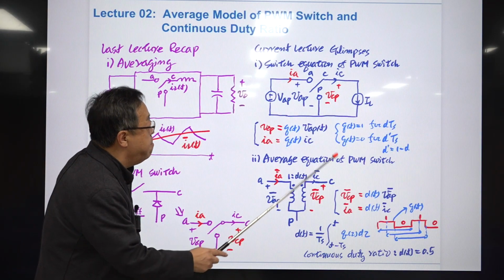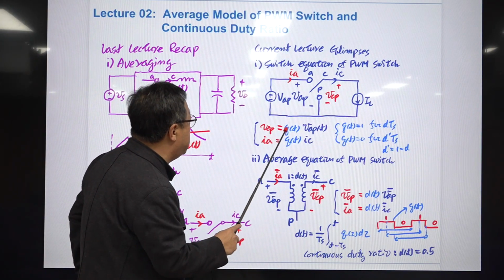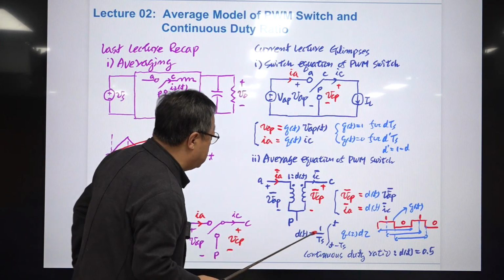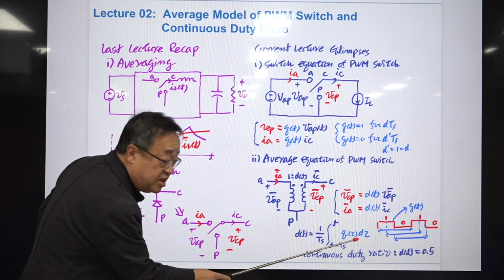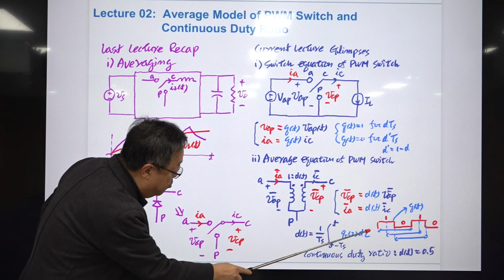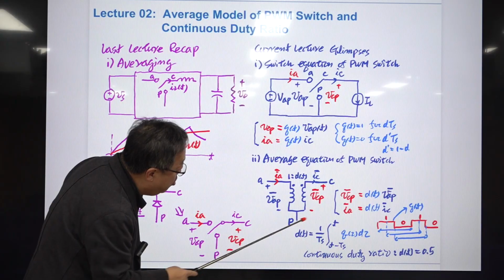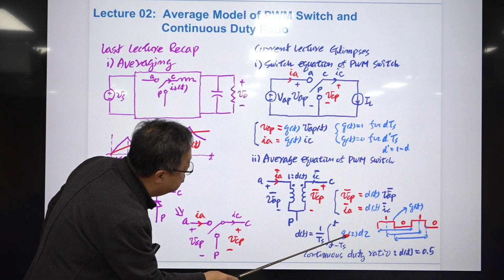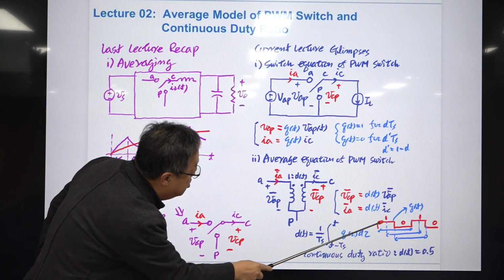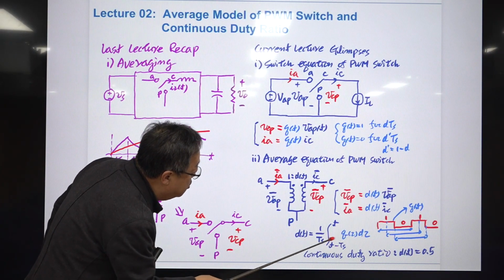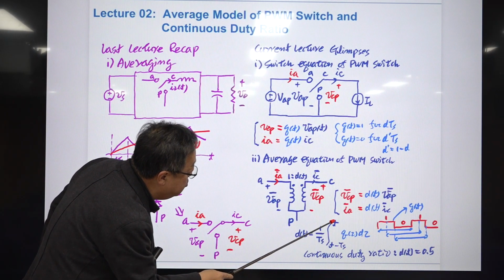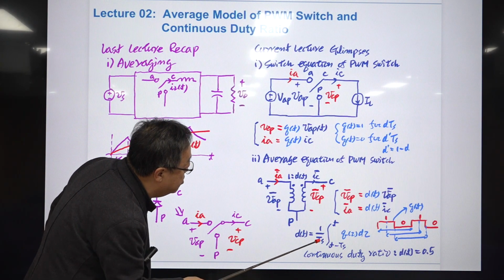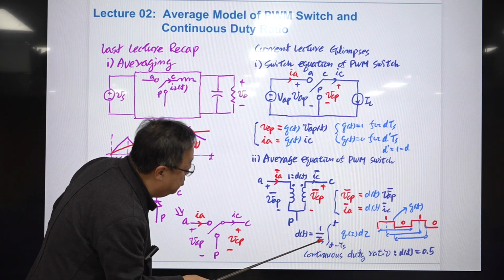Okay, so we replace the QT with DT. So DT is defined like this, right? The implication of this equation is we integrate the value of QT, which is 1 or 0, over the switching period, and divide that by the switching period.